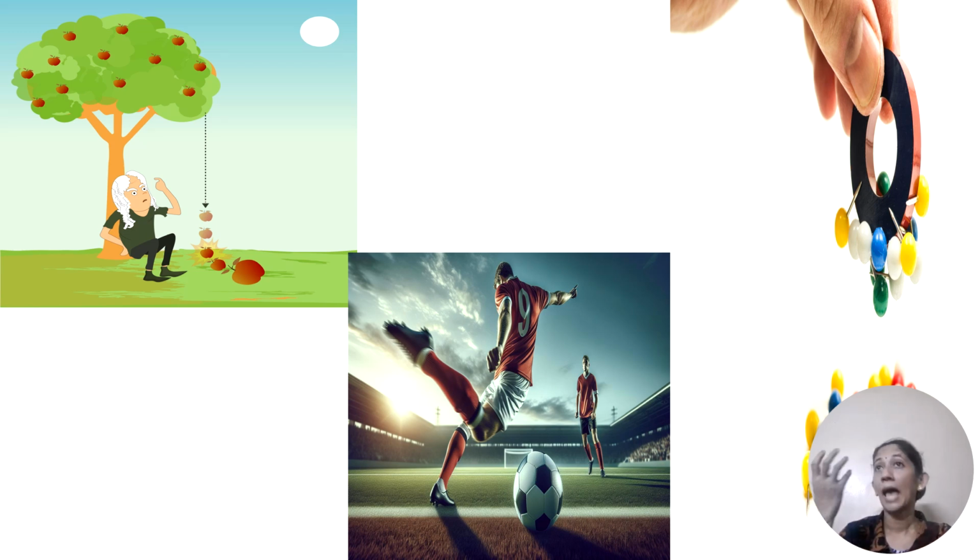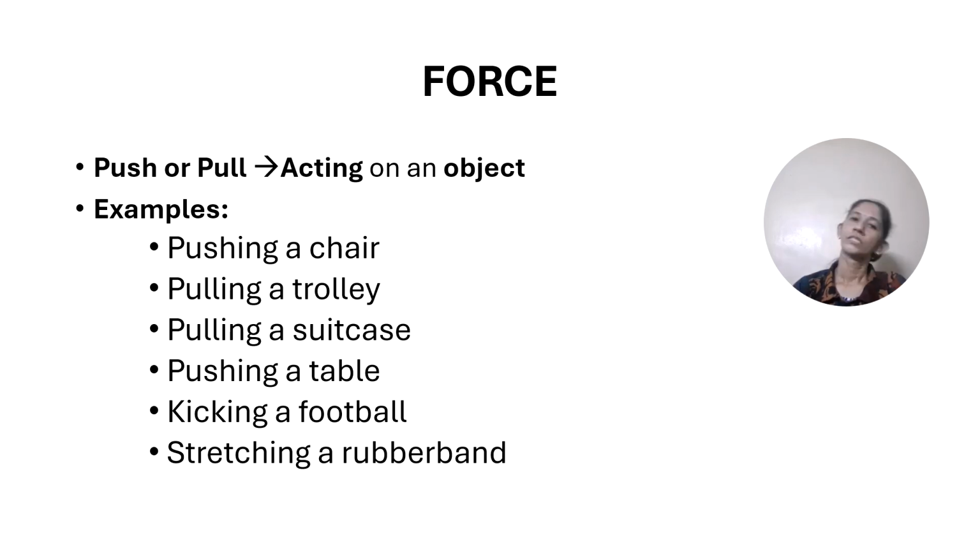Look, an apple falling on the ground, kicking a football, nails attracted by the magnet. So, what is force? Force is nothing but a push or pull acting on an object. Examples: pushing a chair, pulling a trolley, pulling a suitcase, pushing a table, kicking a football, stretching a rubber band. So many examples are there.